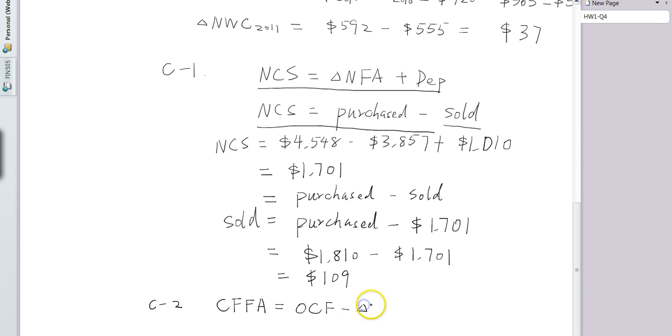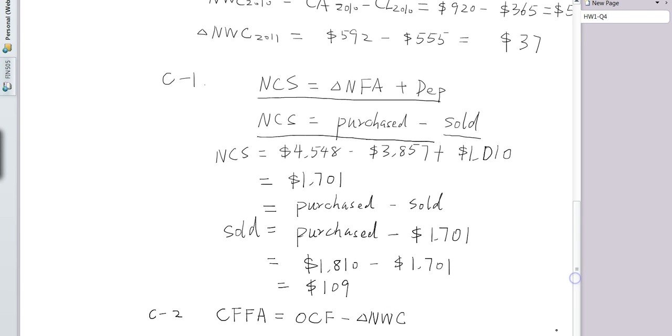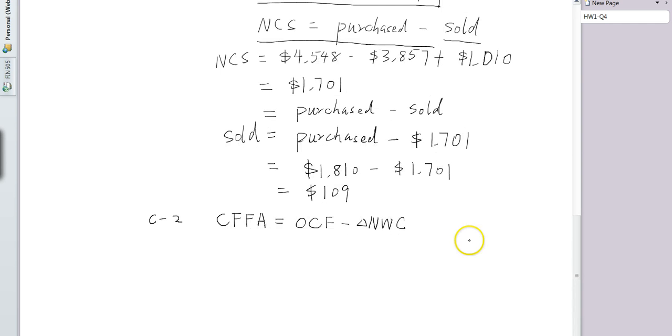First, subtract net working capital, the change in net working capital. So that's, as we said, that stands for the short-term investment. And then subtract net capital spending, and that stands for the long-term investment. So the only part which is not known is the operating cash flow. So we need to figure that part out.